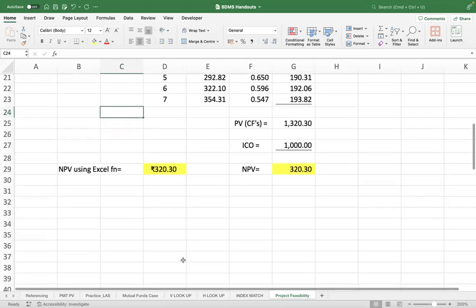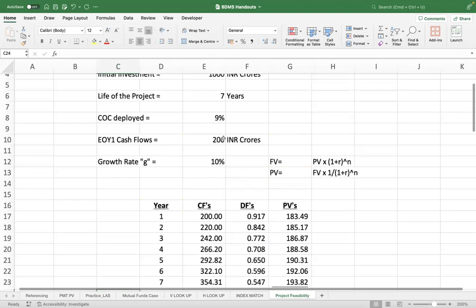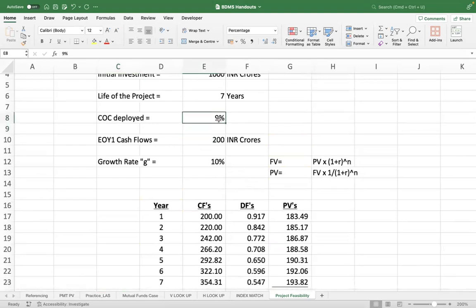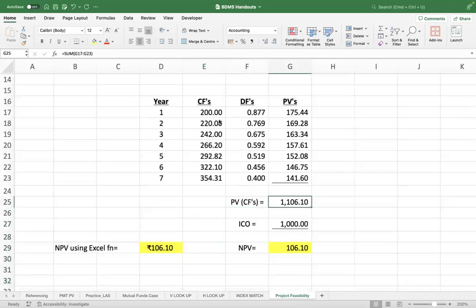Now we can do a sensitivity test around this NPV also. Let's say I change this cost of capital to 14%. I'm just changing. See, that's the advantage of linkage. I'm just changing the percentage. Everything should change on its own. If I change my cost of capital to 14%, look what happens to your present value.